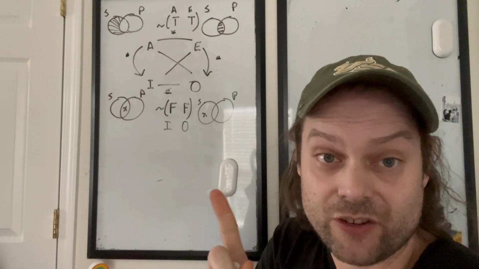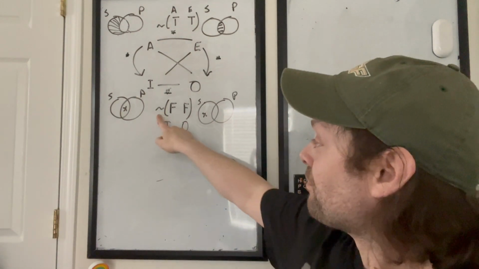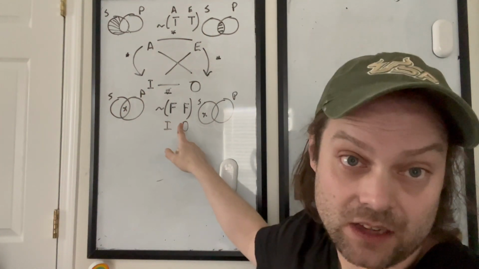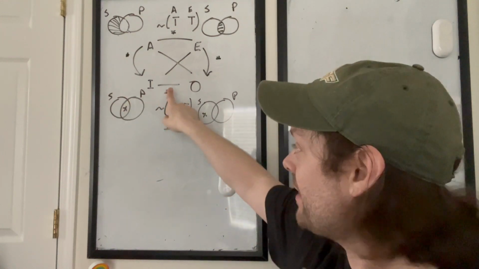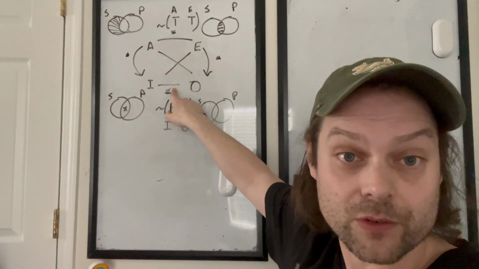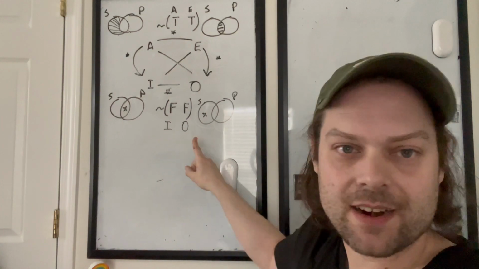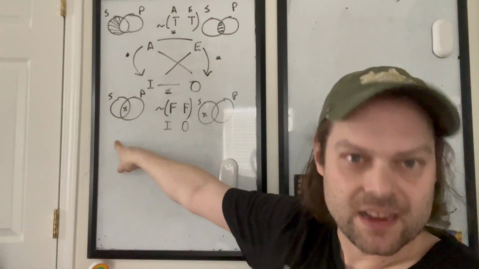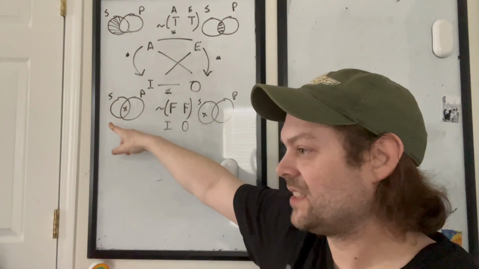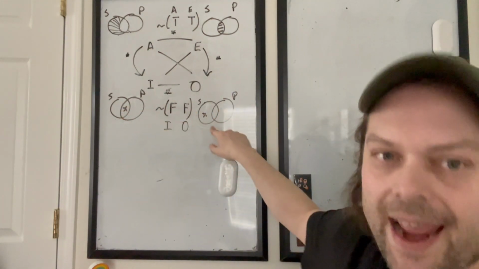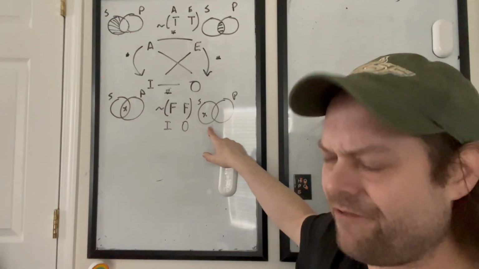The subcontraries. Also, assuming existential import, right? They can't both be false unless we're dealing with empty categories. That's what existential import's doing here. They're not both going to be false. It's not going to be false that some dogs are fish and that some dogs are not fish.